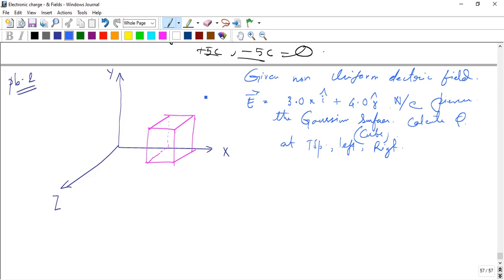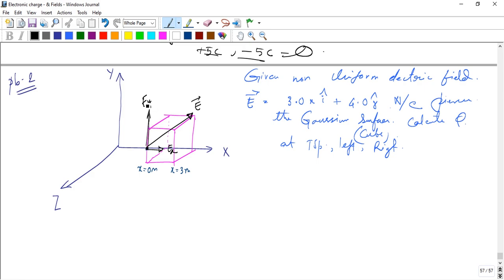Here the given is x equal to 0 meter and x equal to 3 meter. If I choose the electric field here, E in that direction has two components, the X part, that is Ex, and the Y part, that is Ey.